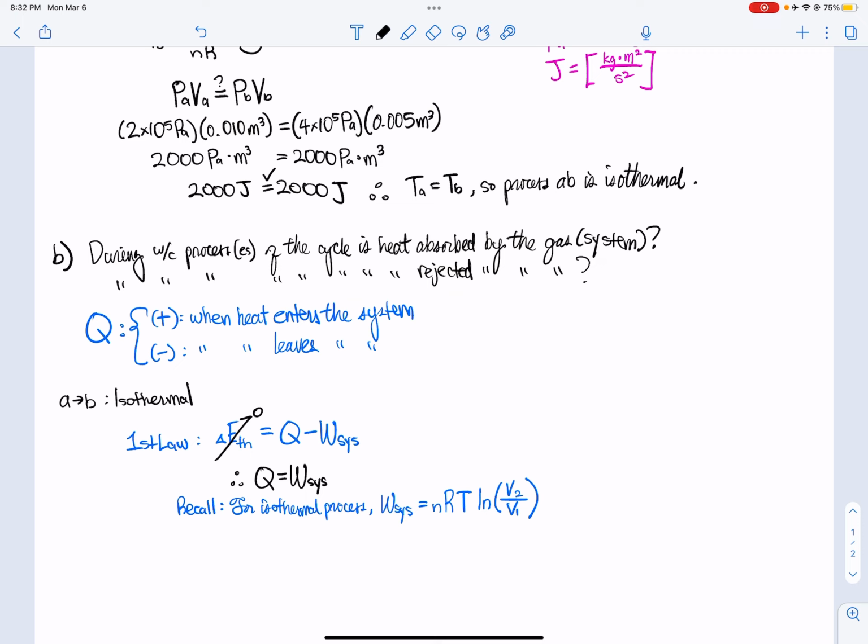So my Q would be equal to the work done by the system, which is equal to nRT times the natural log of VB over VA, okay?